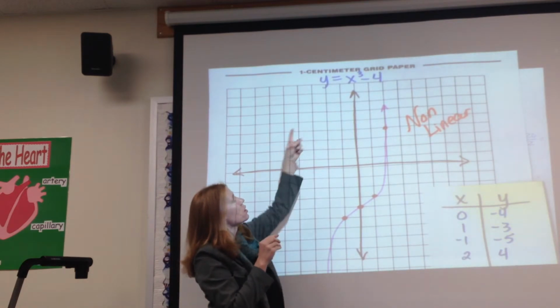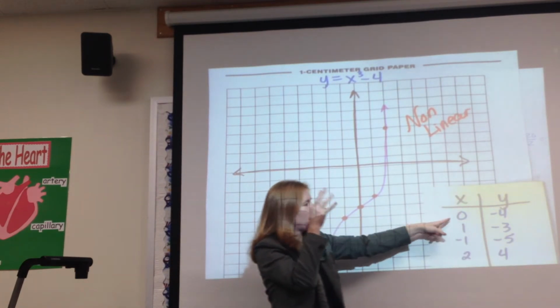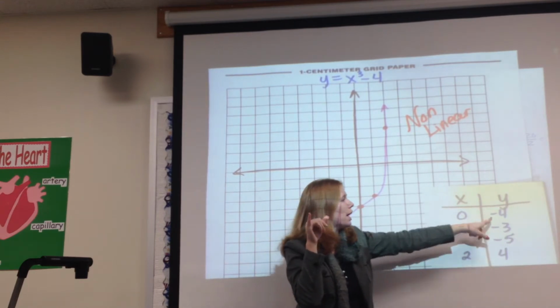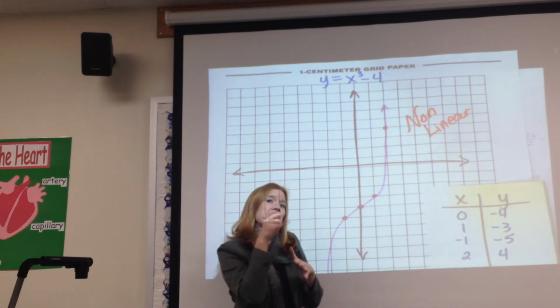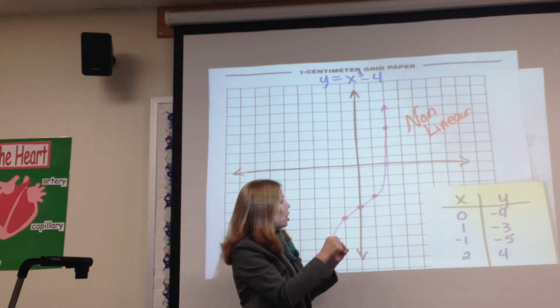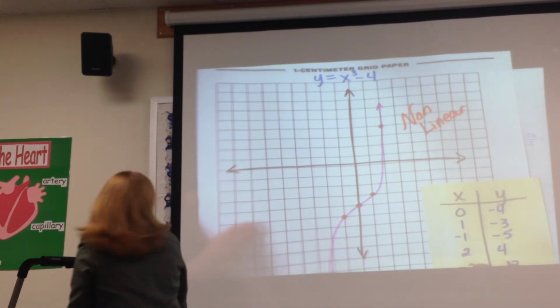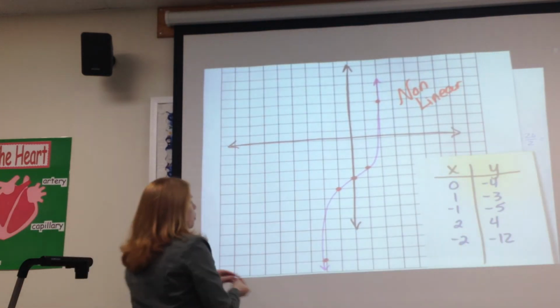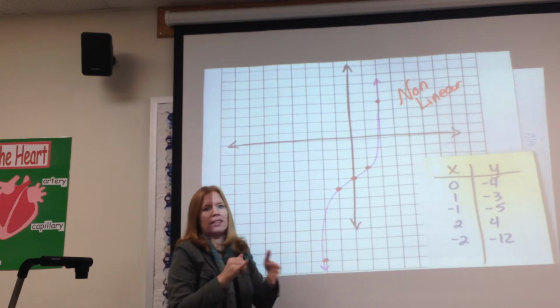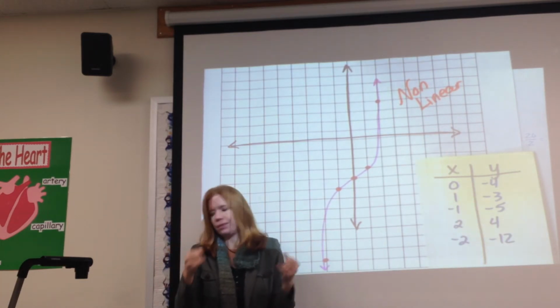And one more. I put some numbers in for that equation. Just make up the x's, solve for y. In the beginning, it looks like it might be fine, but if I keep going, then I have a number way up here, and then I also have a number way down here. That is not linear, not linear.